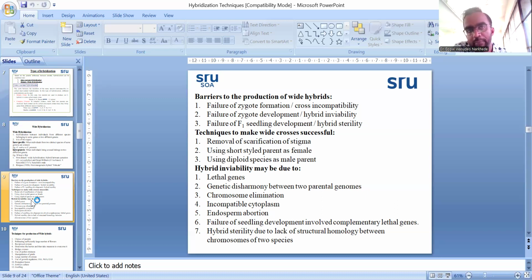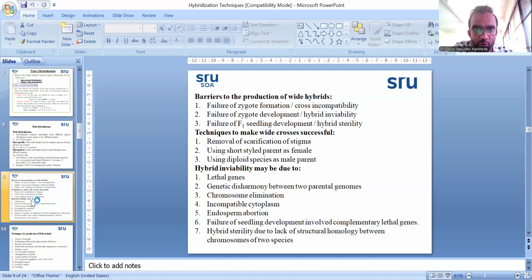As we all know, wide hybridization means crossing between two plants belonging to the same or different genus. Because of genetic differences between genera or species, this cross incompatibility or hybrid sterility will take place. So there are some techniques by which we can make these wide crosses successful. First one is removal or scarification of the stigma, so that the stigma becomes viable and compatible for foreign pollen.